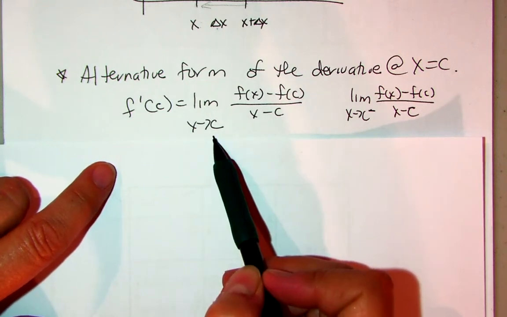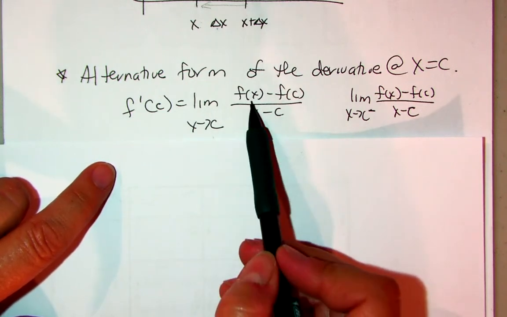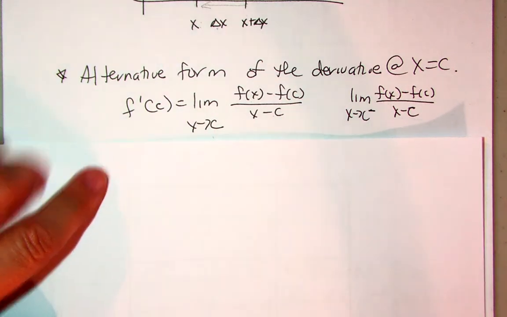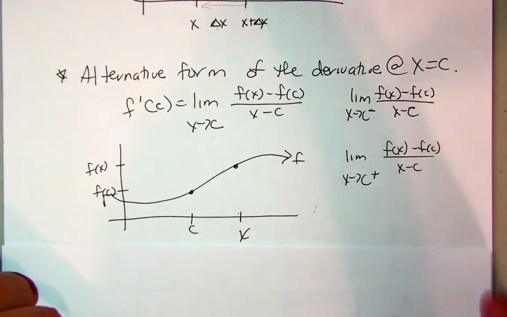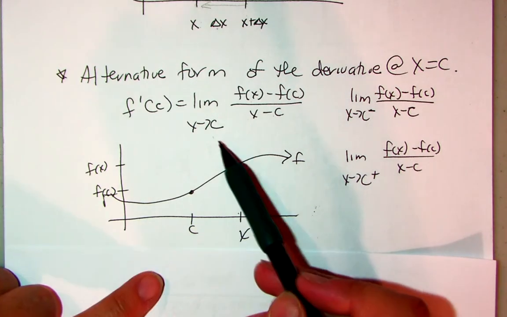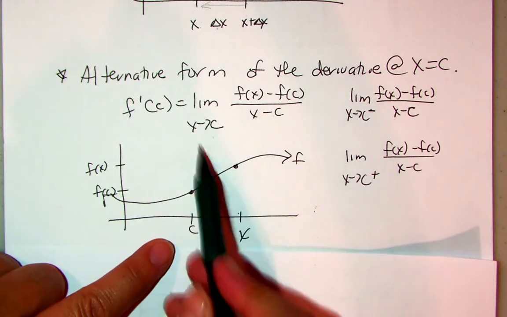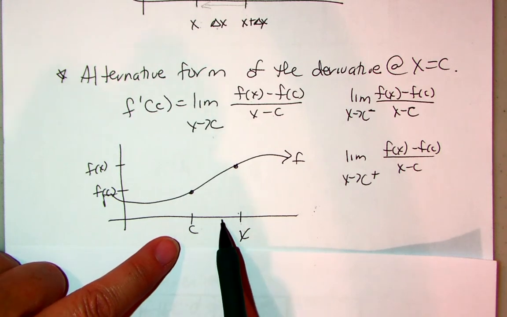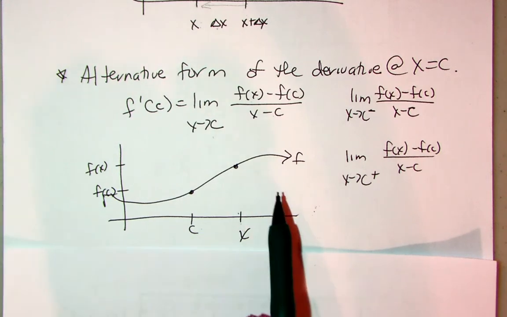This is just an alternative. This too is y2 minus y1 over x2 minus x1. And here's its picture. I'm just changing it up. Instead of calling this x, I'm going to call this c. And so I'm going to be taking this x and approaching c, getting closer and closer to c.